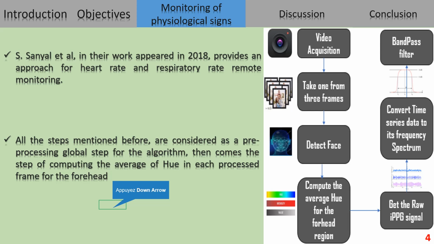Sanyal et al., in their work appearing in 2018, provide an approach for heart rate and respiratory rate remote monitoring, all based on measuring iPPG using Hue, range 0 to 1, and not the RGB channels, thanks to its good accuracy compared to the heart rate gain or respiratory rate gain.